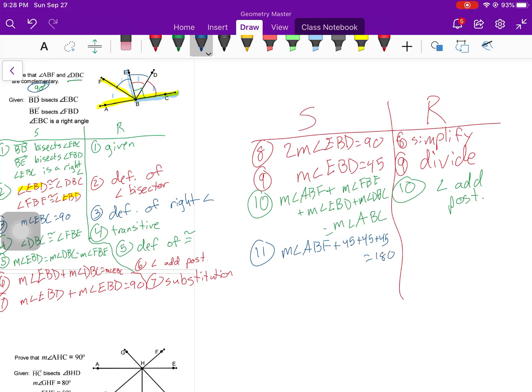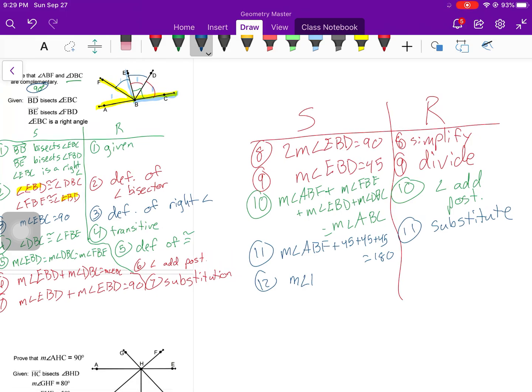Equals 180 because ABC is a straight angle. That is substitution. Now, if you subtract, you don't even have to worry about combining those 45s all at once. Helps if you put all the letters in the right order.